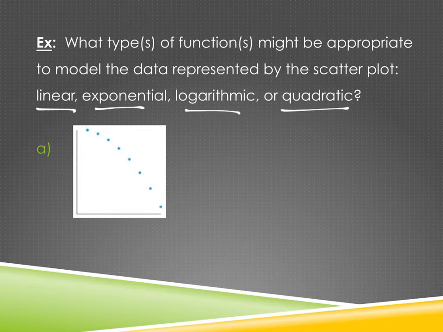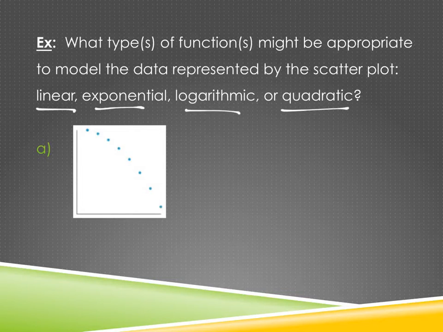Could it be logarithmic? We do have some logarithmics that are flipped upside down, but there's something else that we have that this one doesn't when we have those. Do you remember? They have an asymptote on the y-axis. Does this have that asymptote on the y-axis? No, it's like it's flipped around, right?